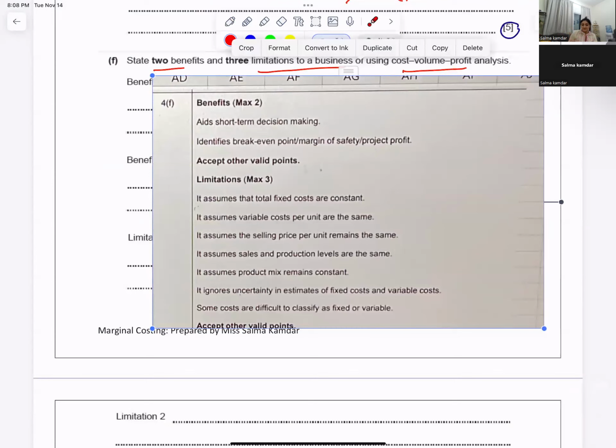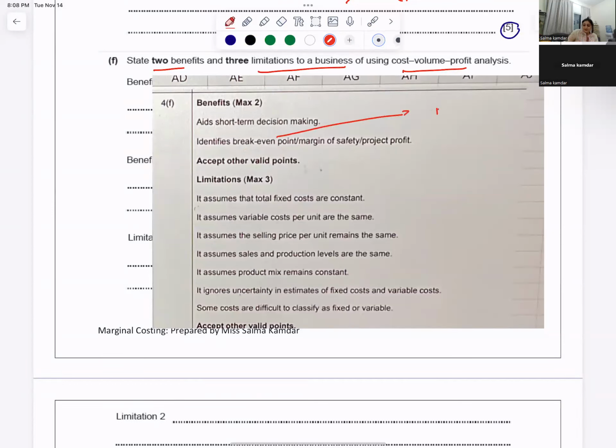So 2 benefits of break-even analysis: it helps you in your short-term decision making. It identifies the break-even point. That means I can say it identifies that point of sales where you make no profit, no loss. Your break-even analysis helps you identify your margin of safety.